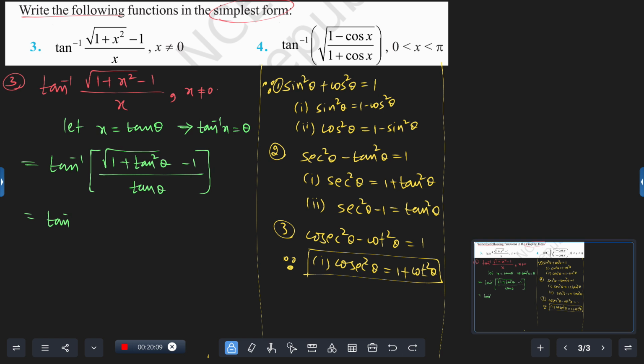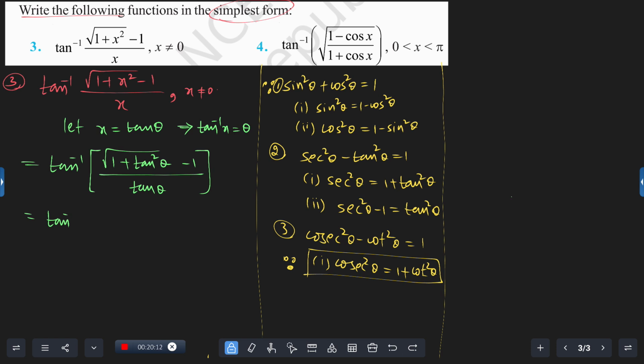We have 1 plus tan square equal to secant square, that is what I'm going to use here. So now I am writing secant square theta minus 1 whole divided by tan theta, understand? Right, now simplify this again.